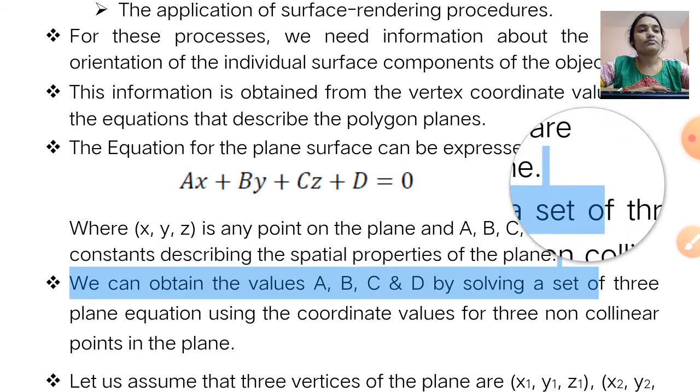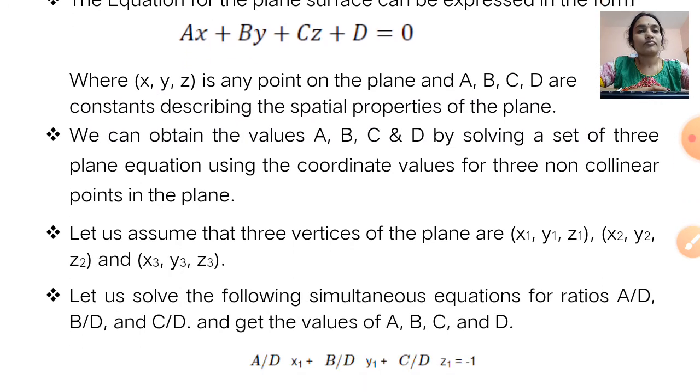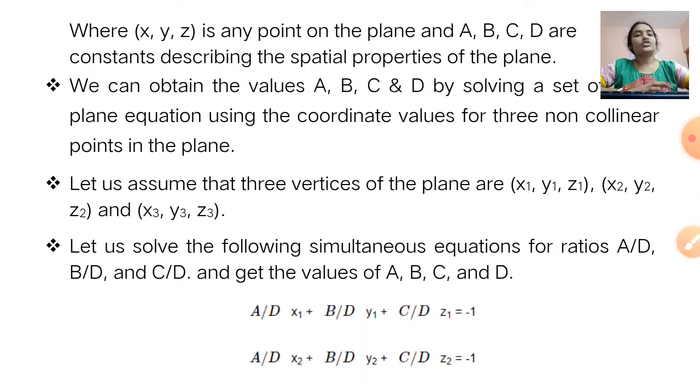Let us assume that the 3 vertices of the plane are x1, y1, z1; another one is x2, y2, z2; and the third one is x3, y3 and z3. These are the 3 vertices of the plane.